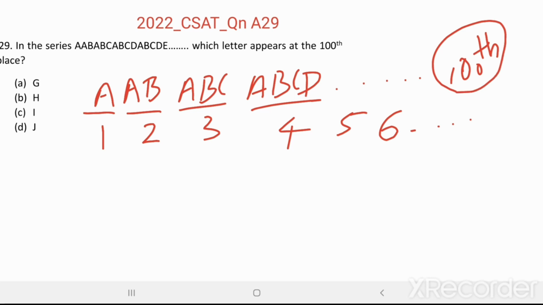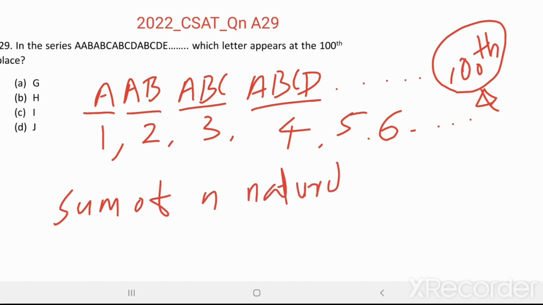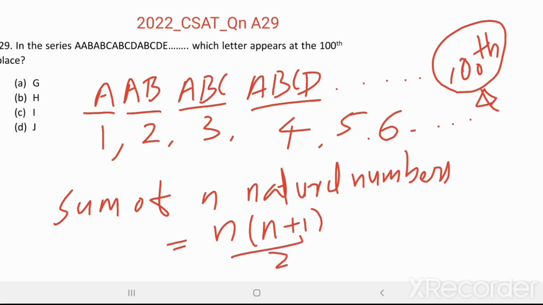So first we want to find in which group the 100th place is included. To find that, here you can see these are natural numbers. The sum of n natural numbers equals n into (n plus 1) divided by 2.